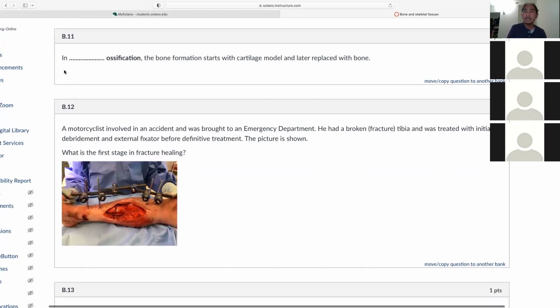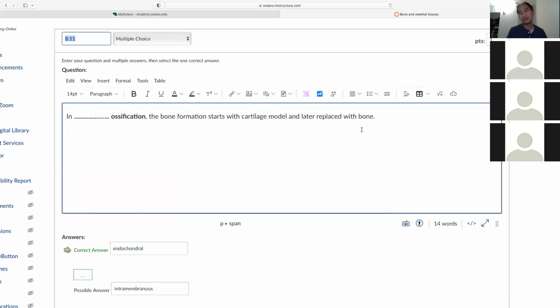So now you know the answer. In blank ossification, the bone formation starts with a cartilage model and is later replaced with bone. So what sort of ossification is it? Endochondral ossification, yes.